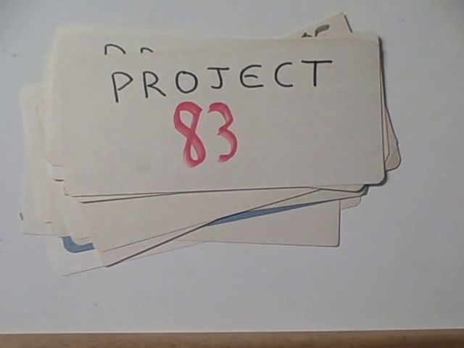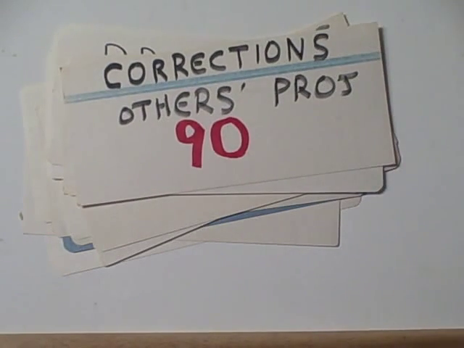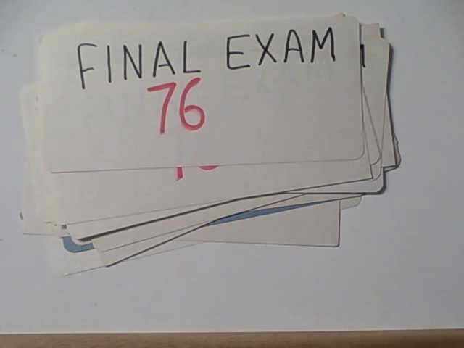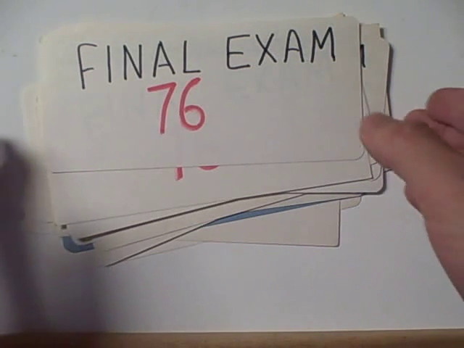You did the project and did fairly well on that. You got an 83. You corrected other people's projects on Google Documents, and you got a 90 on that. And you took the final exam, and you got a 76, which happens to be the median for the entire class.